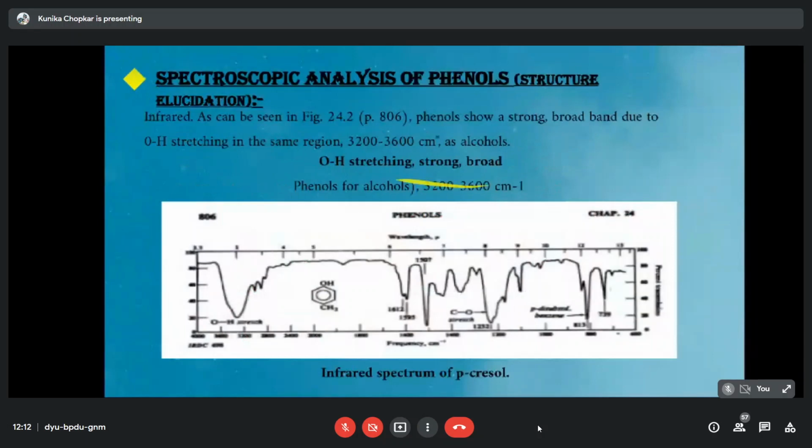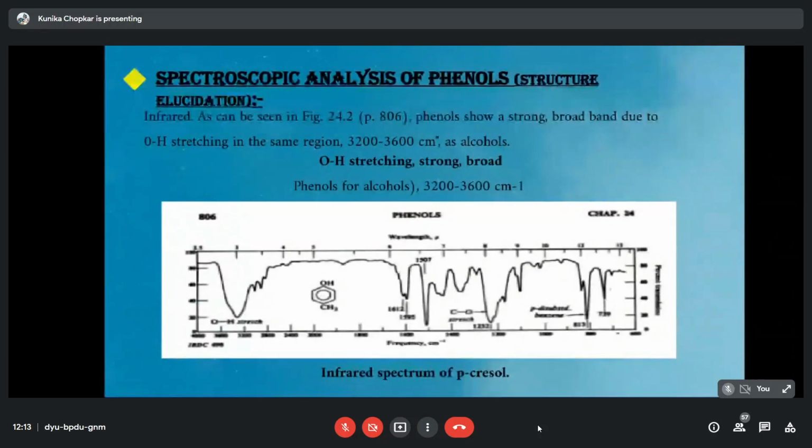The spectroscopic analysis of phenol, which is structure elucidation of phenol. There are three processes: infrared, NMR, or CMR. The further explanation, as we see in the figure, the phenol shows strong band due to OH stretching in the same region, 3200 to 3600 centimeter inverse, as alcohol.